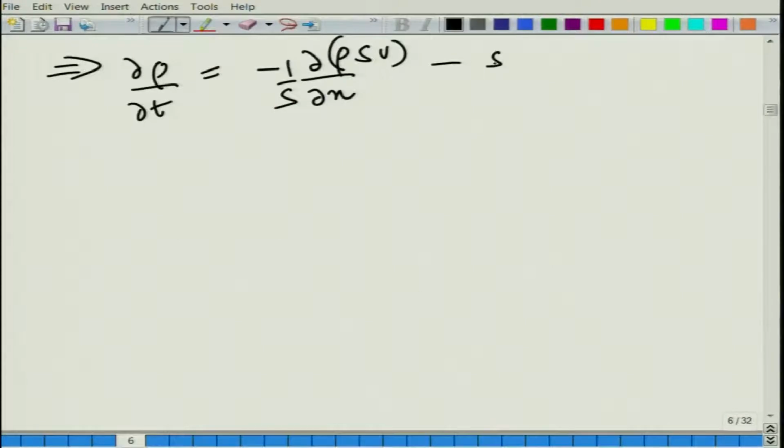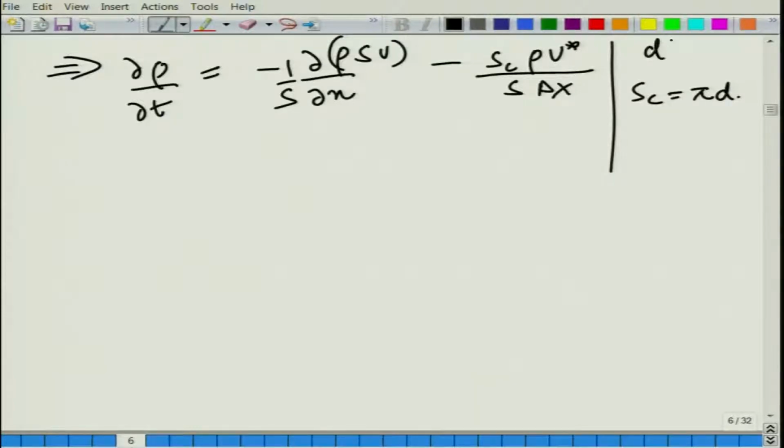So, here you get S c rho u star, where u star is the radial velocity that goes across the perforate, divided by S into delta x. Now, what is S c? It is nothing but pi d, or 2 pi r, I would say pi d, where d can also be thought of as a function of the axial coordinate x, into delta x.